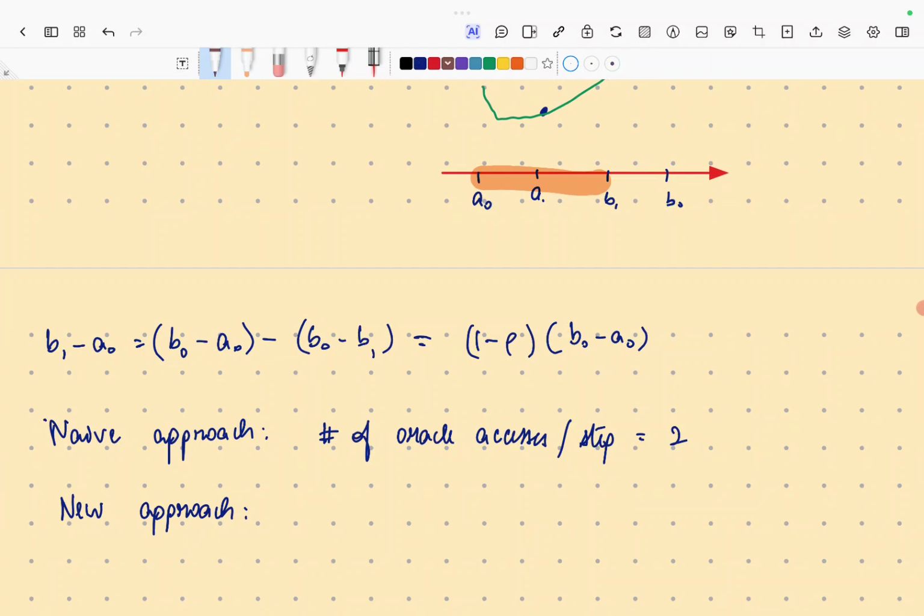I'll choose my next B2 to be equal to A1, and something to the left of it to be A2. Now at the next step, I only need to evaluate f of A2 because I already know f of B2. It's equal to f of A1, which I evaluated in the previous step.